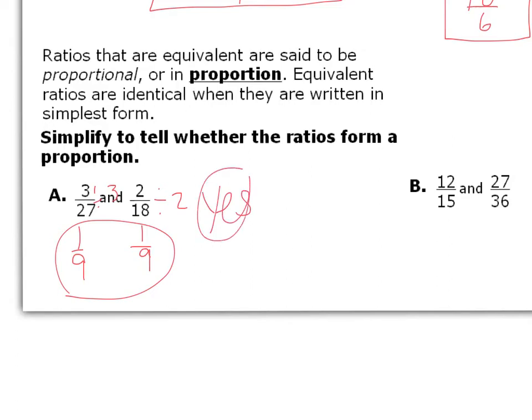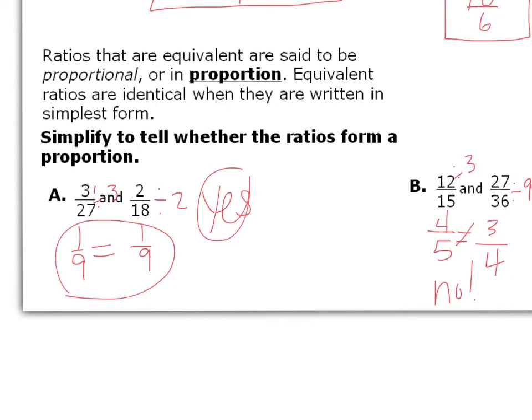Okay, so 12/15, we can divide those both by 3. 12 divided by 3 is 4. 15 divided by 3 is 5. 27 and 36 are both divisible by 9. 27 divided by 9 is 3. 36 divided by 9 is 4. So those are not equal. So this would be no, those are not proportional.